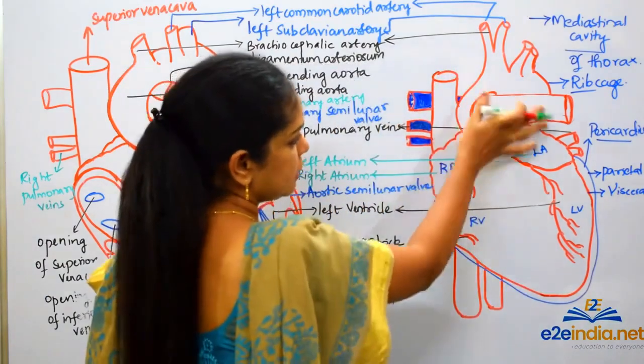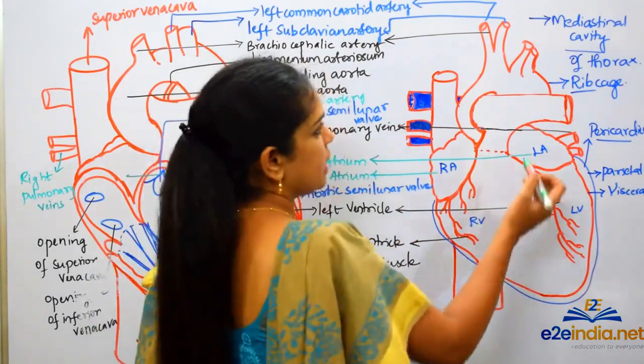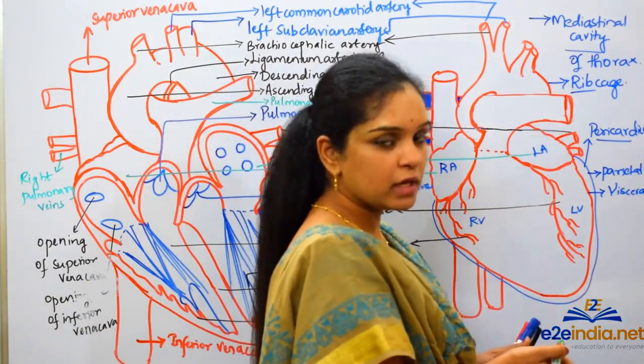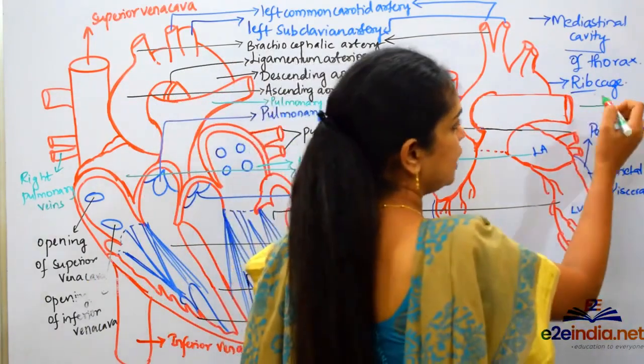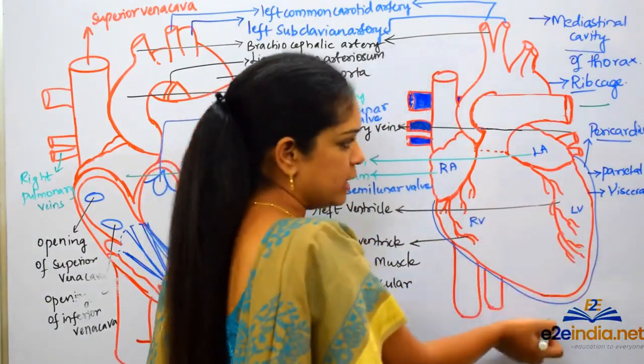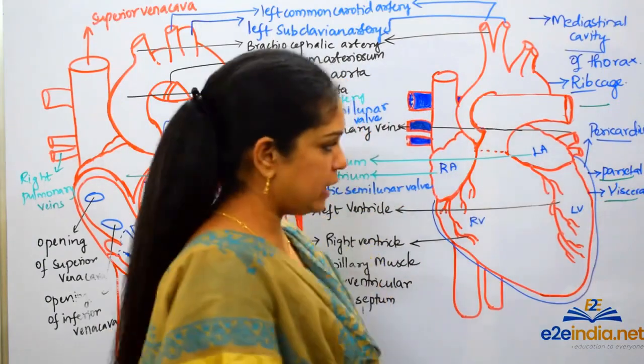If we look at the external structure, this is what you can visualize: the location of the heart in the mediastinal cavity of the upper thorax, protected by the rib cage and also two layers, the parietal pericardium and the visceral pericardium.